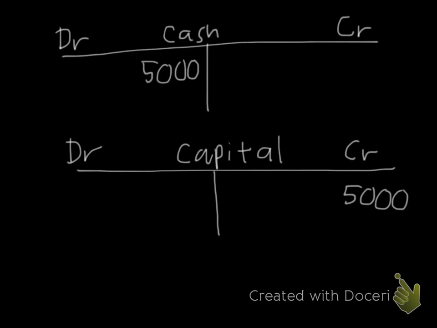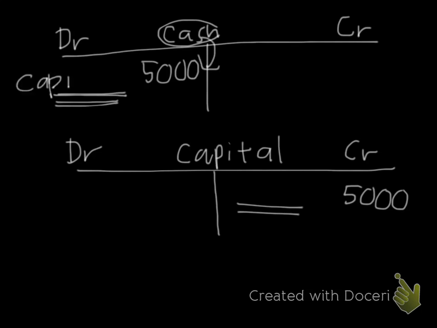So, what we need to record as a description for this transaction in the T account is, for the cash, the cash account increased by 5,000 from the capital brought in by the owner.